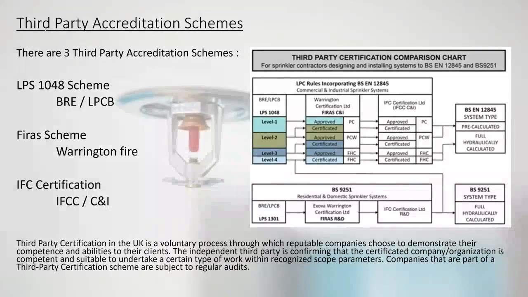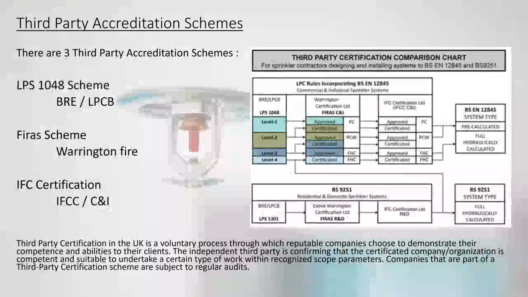So the drawings get supervised, the site installations get supervised. And then level 2 is the same, except you can start doing base build jobs, and that's where you've got like high-rise buildings where you're only protecting the landlord's area, but you're actually putting a zone into each floor for another contractor to come in and fit out the floors.